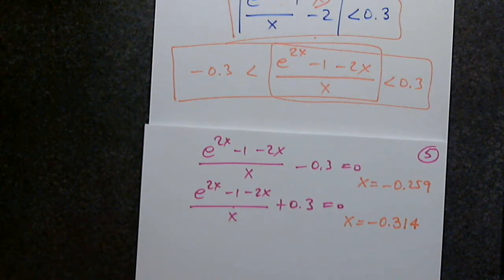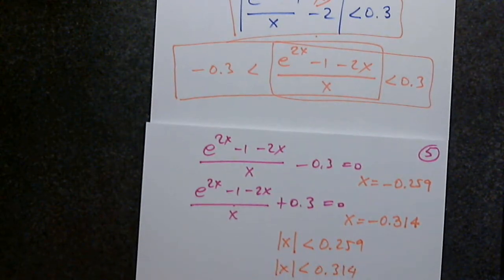Okay, so what did we accomplish so far? We are basically saying that x in absolute value is less than 0.259 or x in absolute value is less than 0.314.